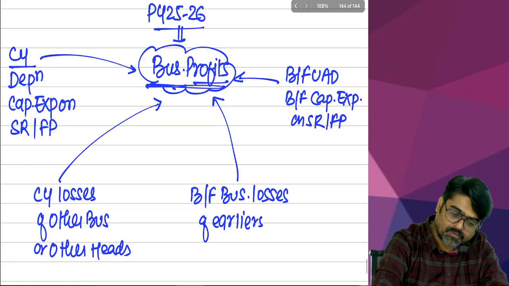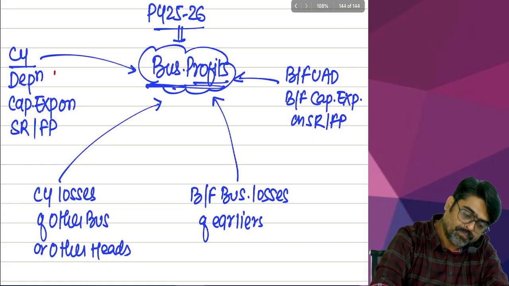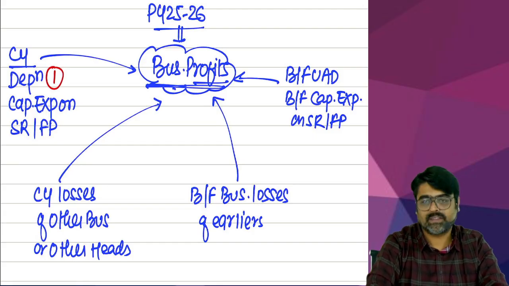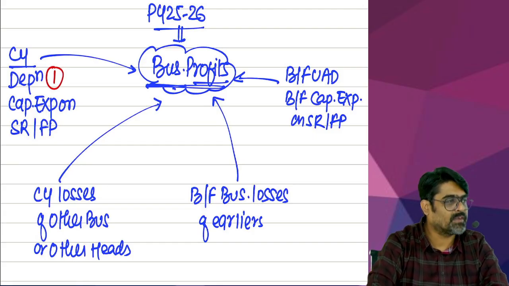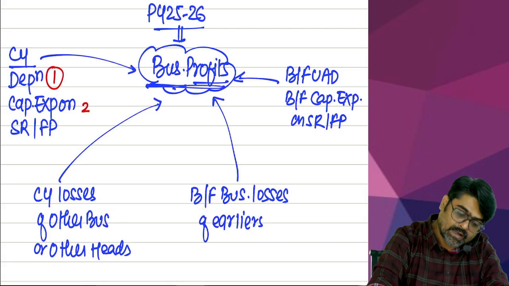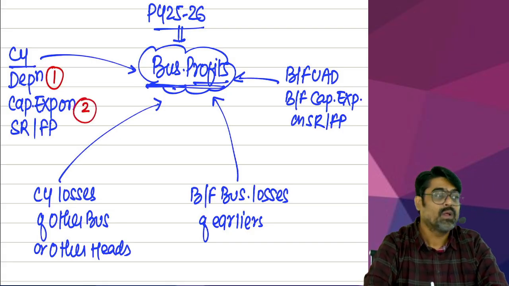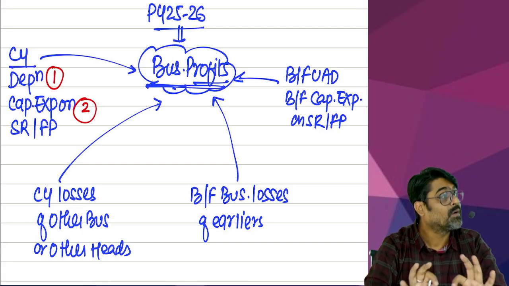So first priority you are supposed to give to current year depreciation. Then after adjusting current year depreciation, if business profits remain, then current year capital expenditure on scientific research, then current year capital expenditure on family planning. Now you get final profits for this year.